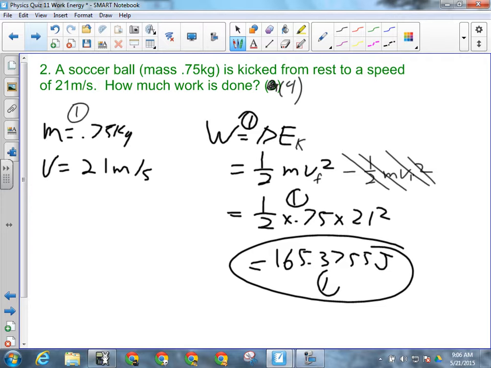So another mark here for plugging in their numbers: 1/2 times 0.75 times 21 squared. Their fourth and final mark will be for the 165.3755 joules. So if they have 165.4 or 165.38 joules, that's fine. As long as they have the joules on it, it's good. Questions on that one?